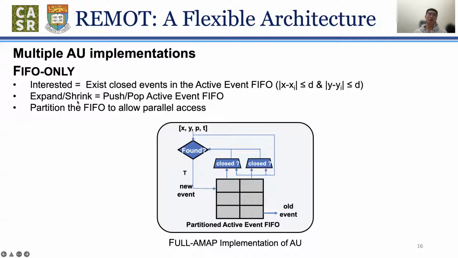So the expand or shrink operation now becomes only the push and pop on the active event FIFO. However, now the performance of this implementation will be bounded by how fast we can traverse the whole active event FIFO. So in this implementation, we additionally partition this FIFO to allow parallel access and comparison. In this way, it results in a throughput and resource trade-off in this implementation.